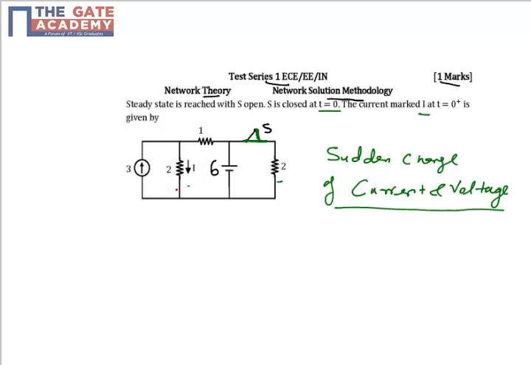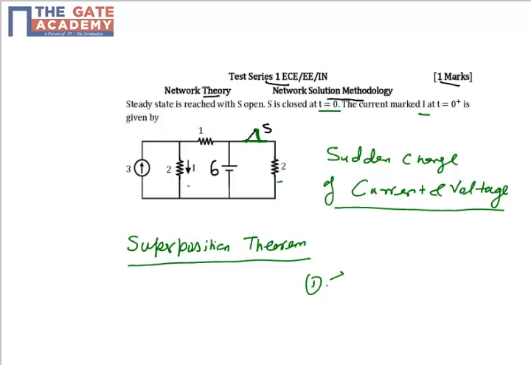Let's calculate the current I using the superposition theorem, using one energy source at a time. The superposition theorem says that if my circuit is linear and bidirectional, I can use it, and if you have more than one energy source, you use one energy source at a time.